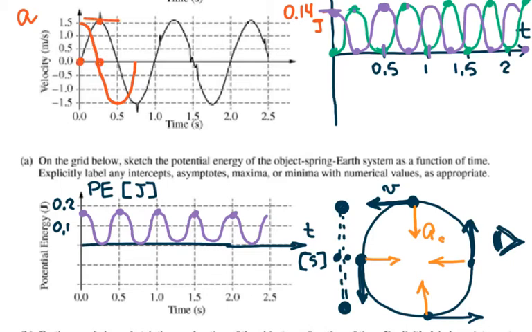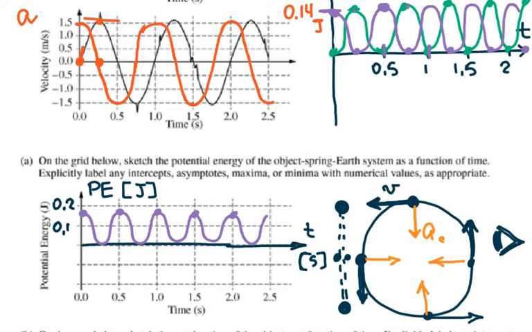The slope of this graph right here is maximum positive, and it will keep going there and back: zero, maximum negative, zero, maximum positive, zero, maximum negative.